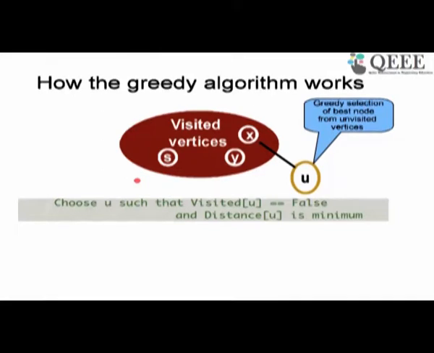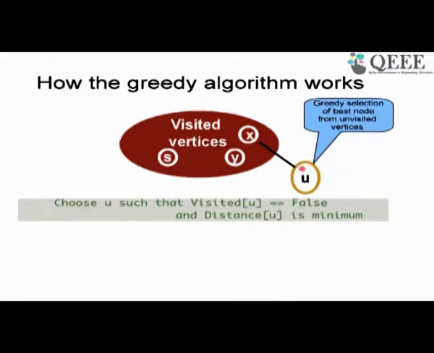So the base case is true. By induction, assume that it is true for all the visited vertices. I am going to show that it will be true when you add u to the list of visited vertices. Why is it true? Because you have picked u, which has the lowest distance value among all the unvisited vertices.